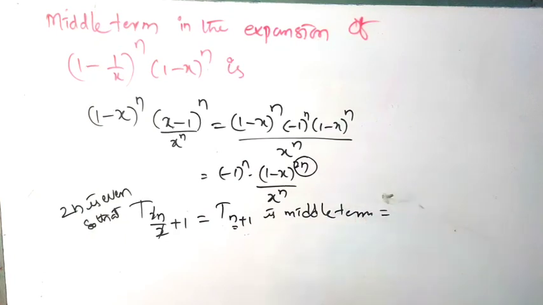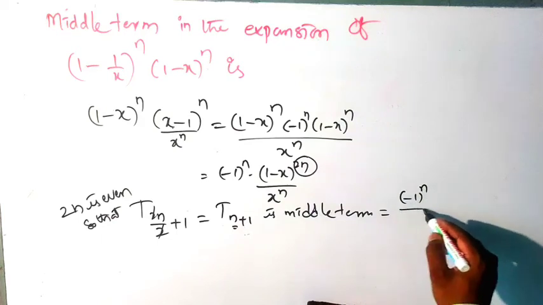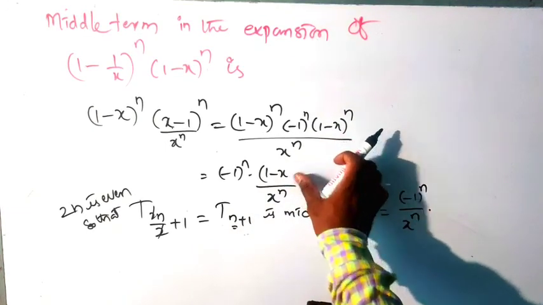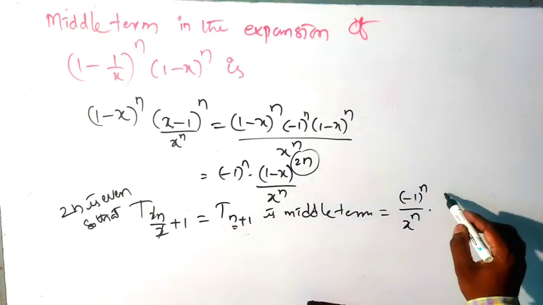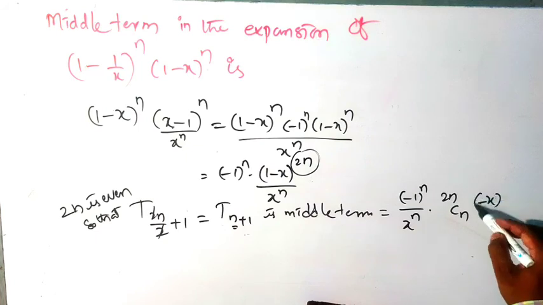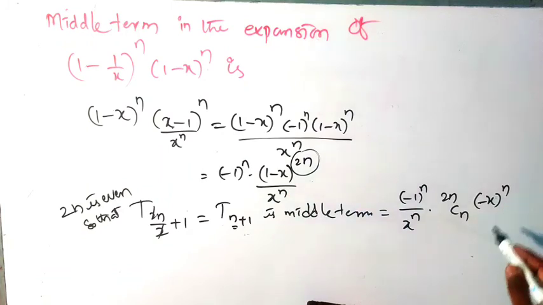First of all we write the given values: (-1) whole power of n as it is, divided by x to the power of n as it is. Now 2n is there, so (1 - x) whole power of 2n, and its middle term t(n+1) is 2nCn (-x) whole power of n.